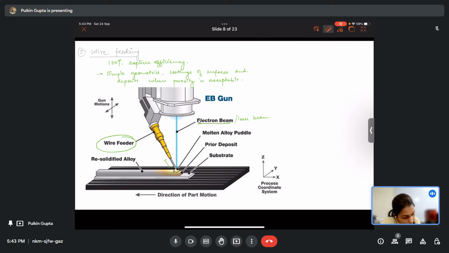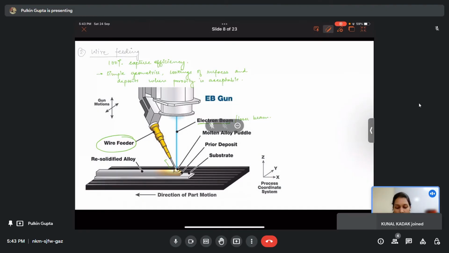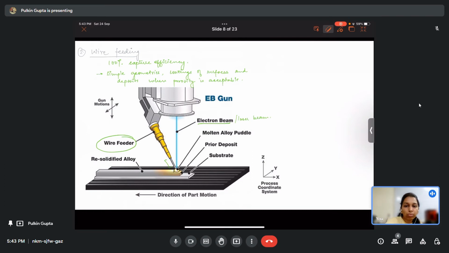Then these are your previous layers, and this above is your resolidified alloy. Okay, so this is your wire feeding system. So basically when you can accept the porosities in the system, this is used. All right, so this was about your beam deposition processes.